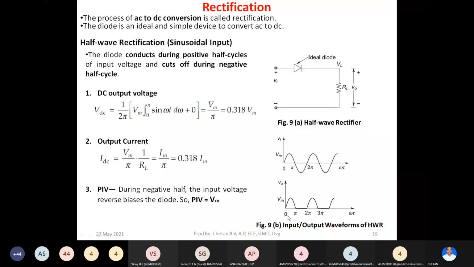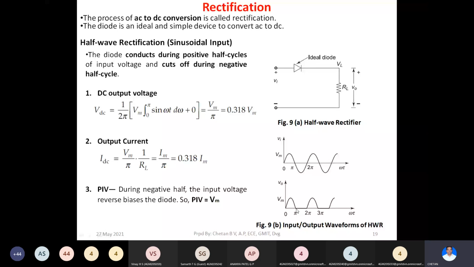Therefore, what we have done here is the integration from 0 to pi of Vm sin omega t d omega t, with Vm taken outside of the integration as it is constant, plus the integration from pi to 2 pi of the function, but here the value of V naught is 0. Therefore, I have written 0 here. Integration of 0 is 0.